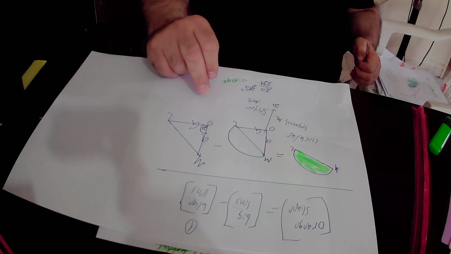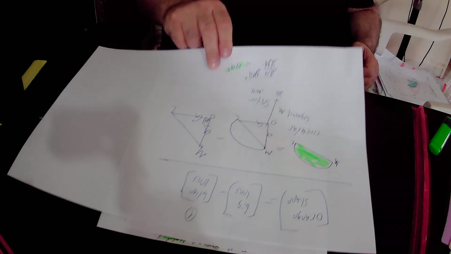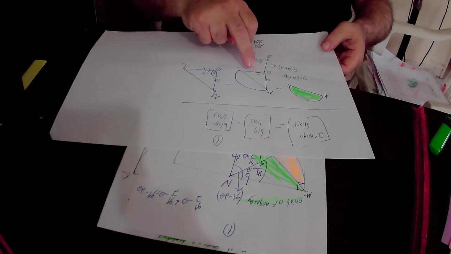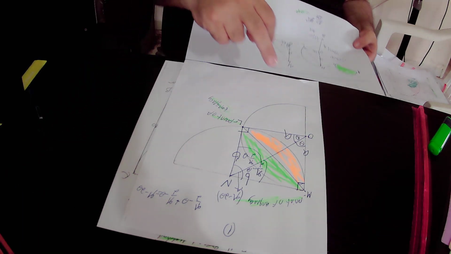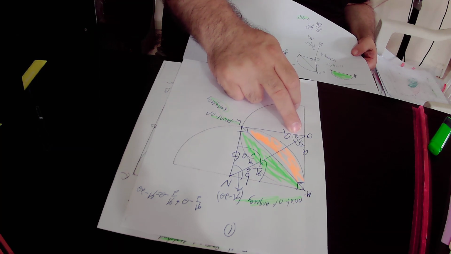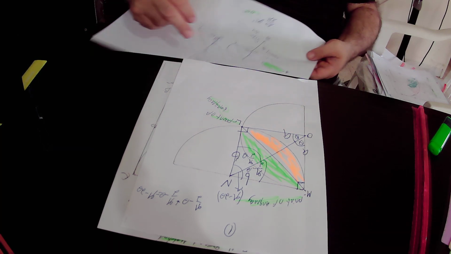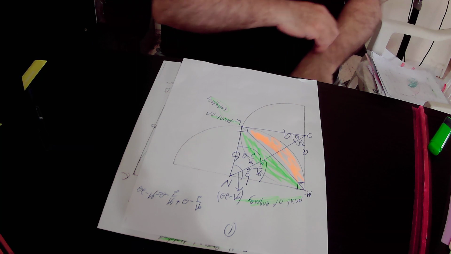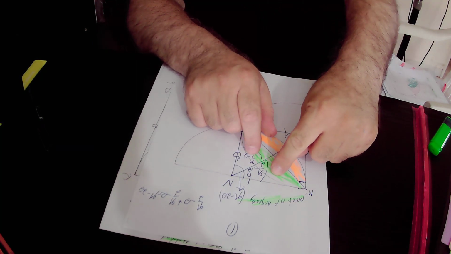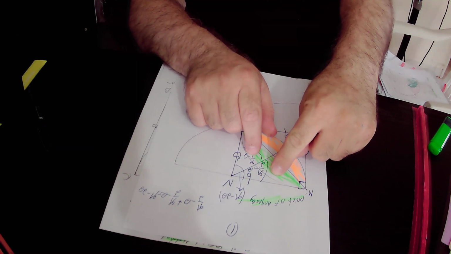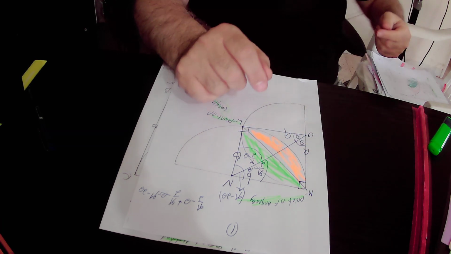Okay. Here, in order to find out the area of sector MOL, we have to find out the size of the angle between its legs. So we know that those two triangles are congruent to each other according to the side-side-side rule.